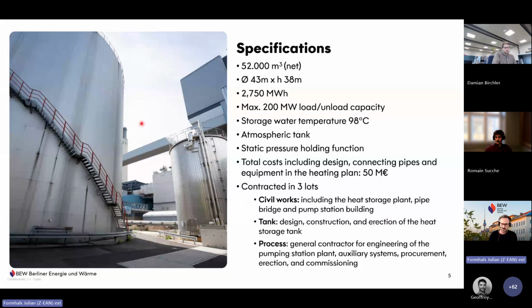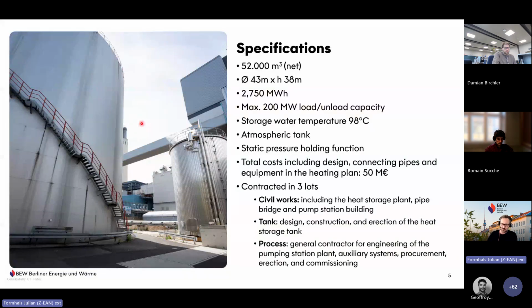For the construction project, we divided this work into 3 lots. The first was the civil work, so we had the heat storage plant, which is about 400 meters away from this heat storage, the connecting pipes, and the pump station.